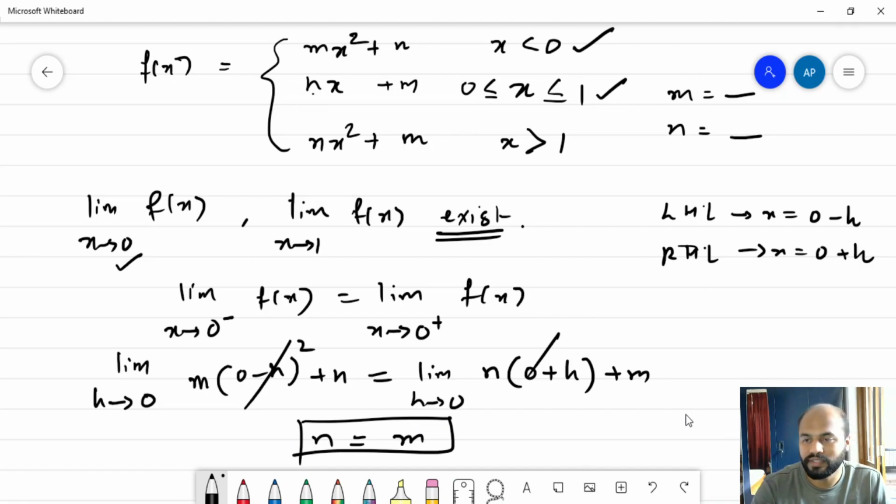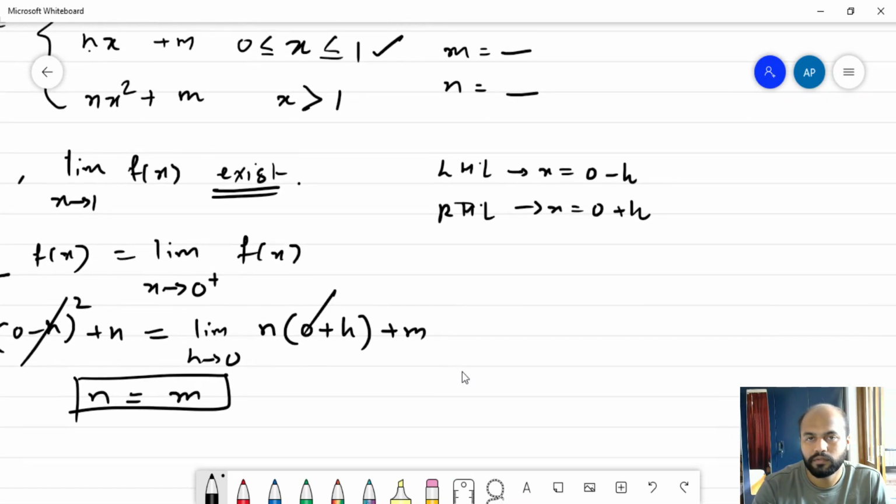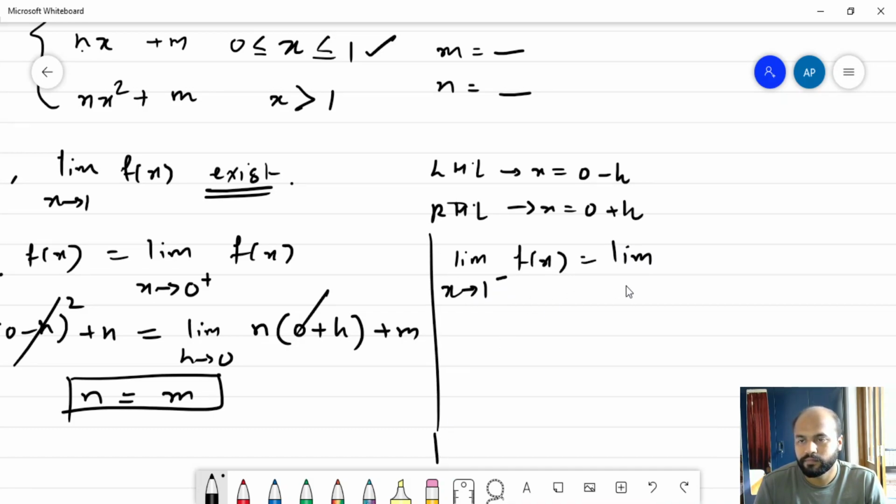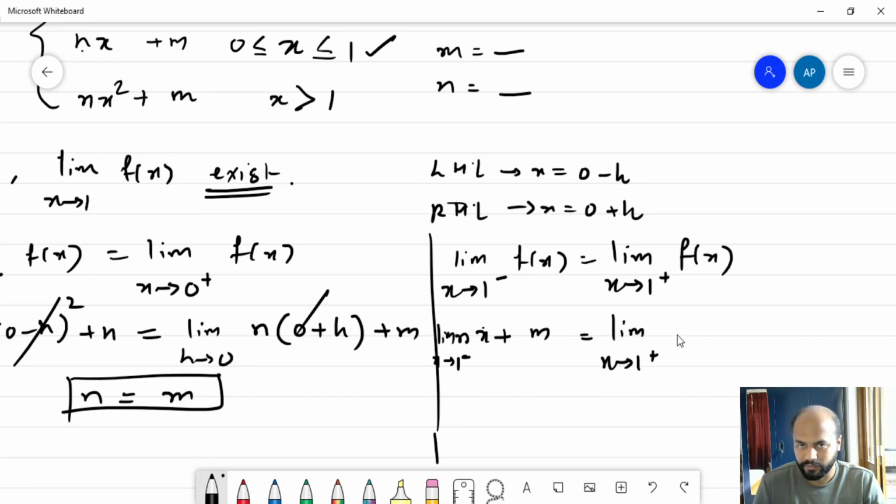Now let us do the same process at 1. Limit x tending to 1 from the negative side f(x) would be equal to limit x tending to 1 from the positive side f(x). So this is going to be nx plus m, limit x tending to 1 from the negative side, equal to limit x tending to 1 from the positive side of x squared plus n.